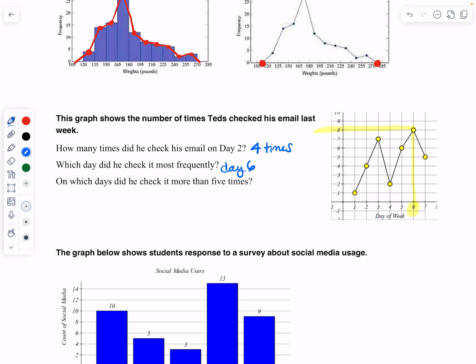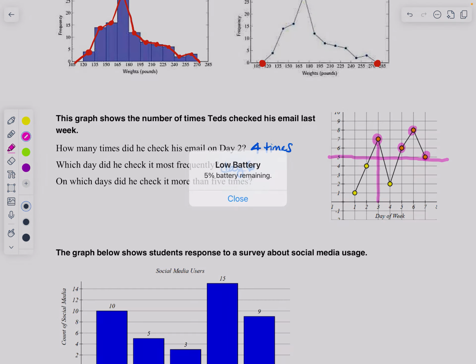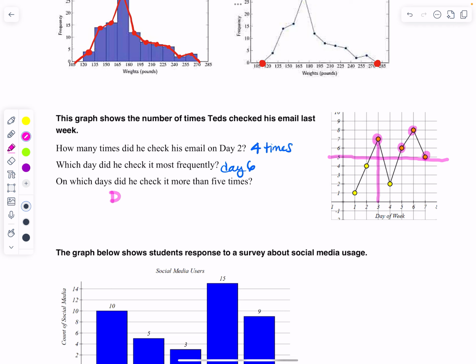On which day did he check it more than 5 times? Okay, so let's do this. I'm going to check out where the frequency of 5 times is, which is here, and I'm going to put a line. So I'm going to include everything above that line. So 1, 2, 3, 4. On which days? Let's look at that. So the first one would be day 3. And then the next one is right here, which is day 5.